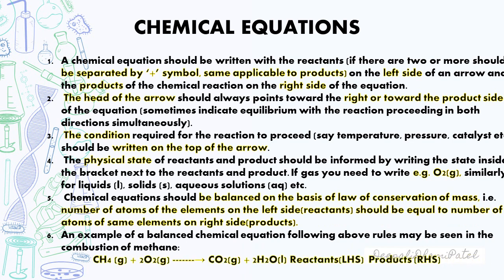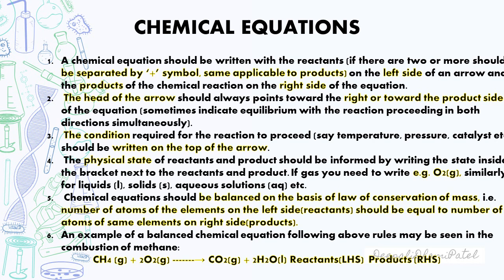The head of the arrow should always point towards the right, or towards the product side of the equation. Sometimes a double arrow indicates equilibrium, with the reaction proceeding in both directions simultaneously. A condition required for the reaction to proceed, say temperature, pressure, catalyst, etc., should be written on top of the arrow. The physical state of the reactants and products should be indicated by writing the state inside brackets next to the reactant and product.